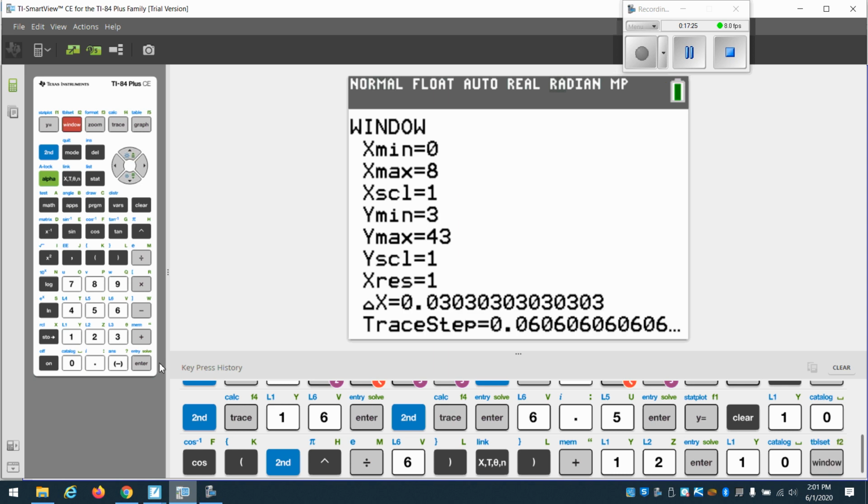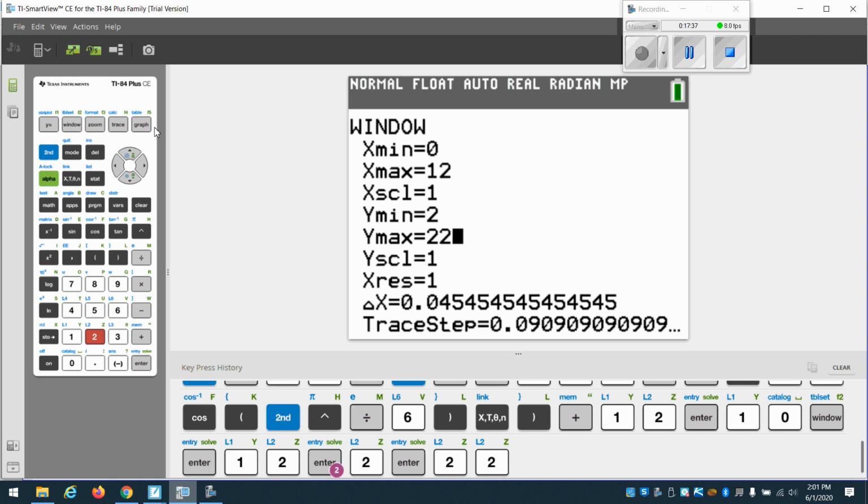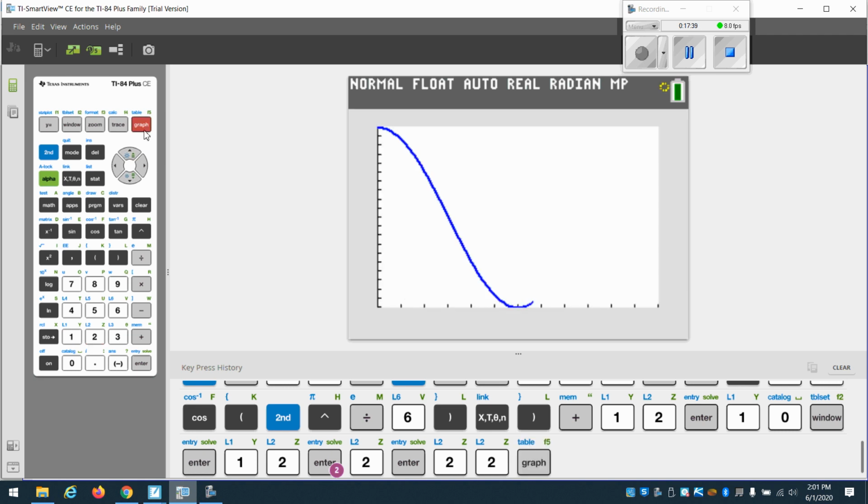And then we go to our window 0 to 12 because it's a 12-hour window. Minimum height is 2 feet. Maximum is 22. Hit graph.